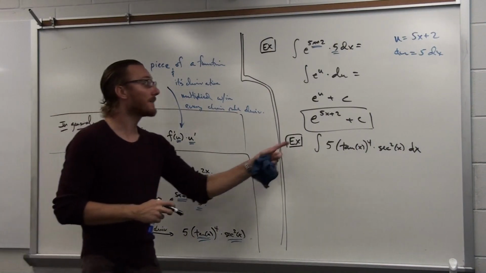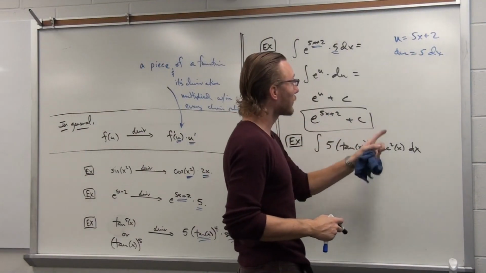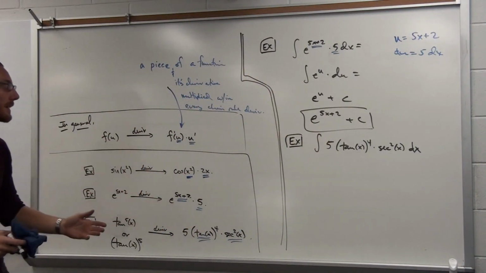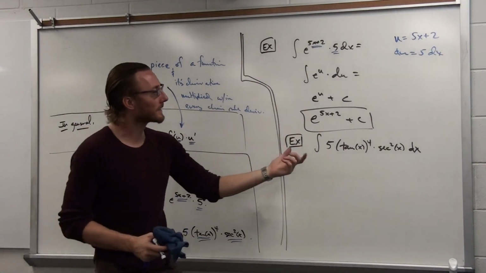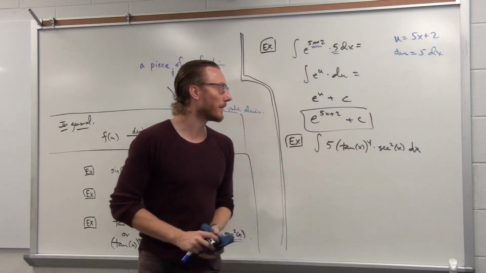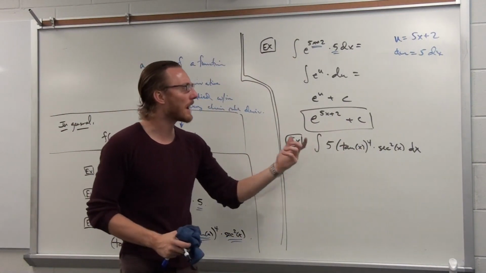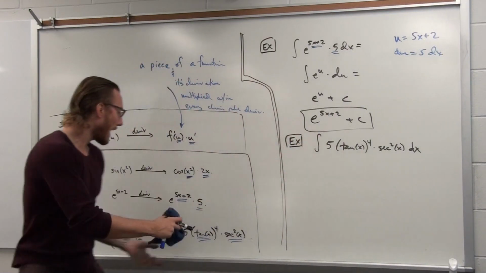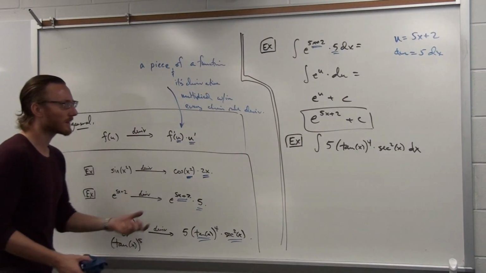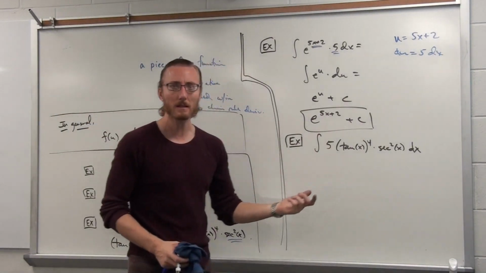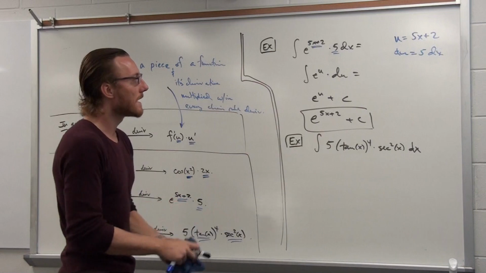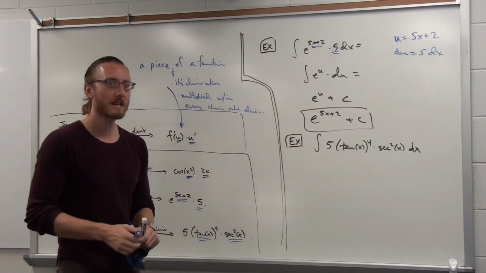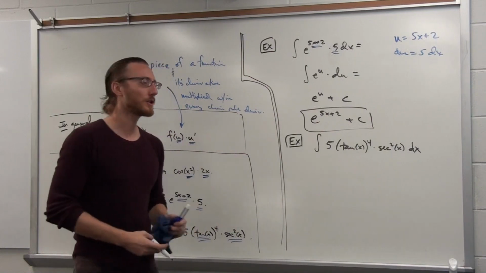Now, what about this 5 tangent to the x to the 4th times secant squared dx? You look at that and you say, oh man, what is going on there? If you just ran across this antiderivative on the street, you might say, whoa, how in the world are we going to approach this? Well, we know how it plays out because we already ran the computation, but let's think about this as if we just ran across it. One thing you could notice is that within the expression of this function there's an artifact of the chain rule.